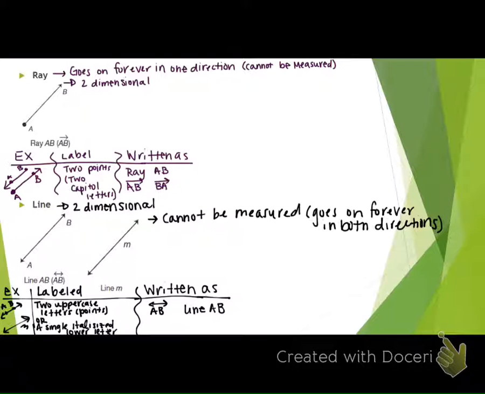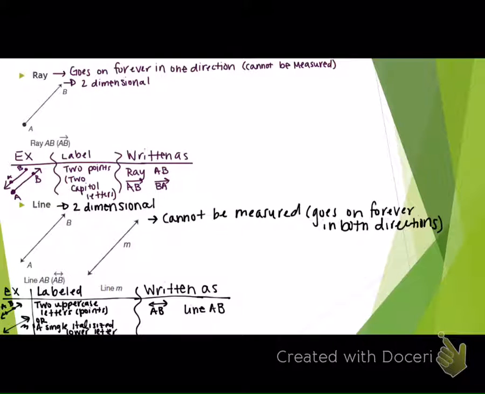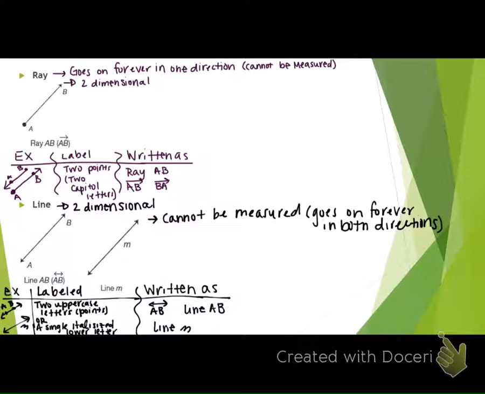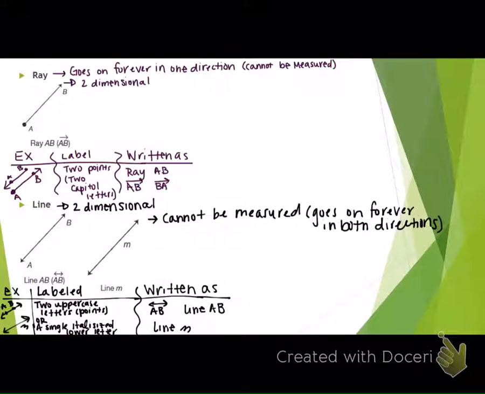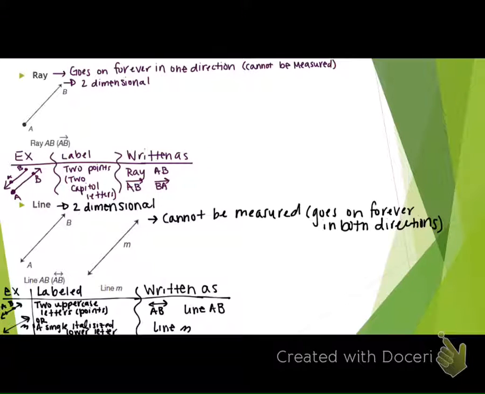Or if it has a lowercase letter, you can write line M in the lowercase letter. So those are some ways you can do it. Again, order does not really matter to me. You could do BA. That's completely fine. So looking at those, what questions do we have so far about the 4 things that you have learned so far?